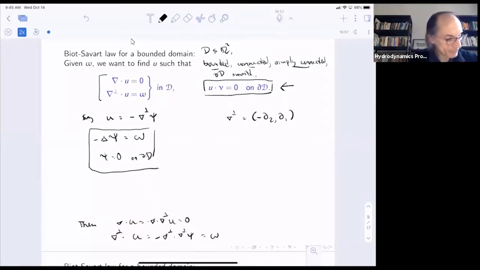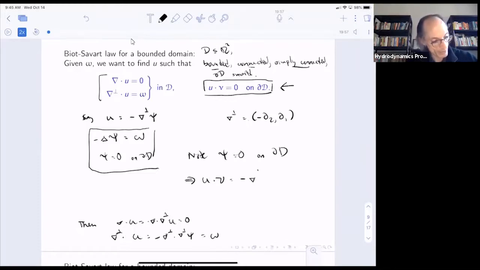Then u dot nu is minus grad perp psi dot nu, that's minus D2 psi, D1 psi, times nu1, nu2, the dot product.